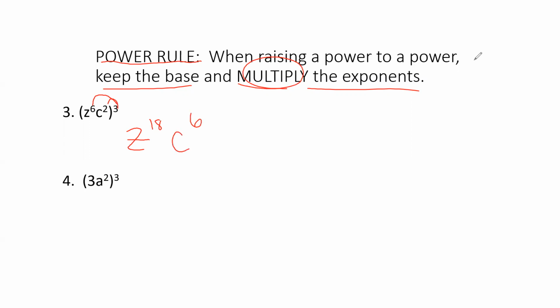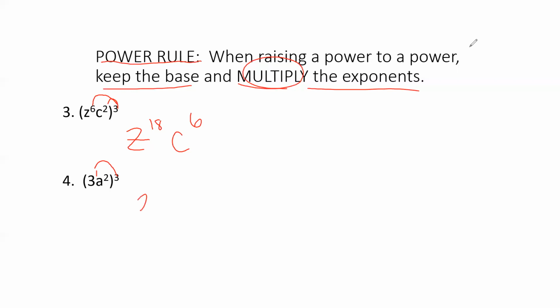All right, let's look at number 4. Now we have a number and a variable. Before you do anything, put your invisible 1, because behind every number and every variable there's always at least an invisible 1. Do that first. It will eliminate simple mistakes. Now distribute that outside 3 exponent into every exponent inside the parentheses.